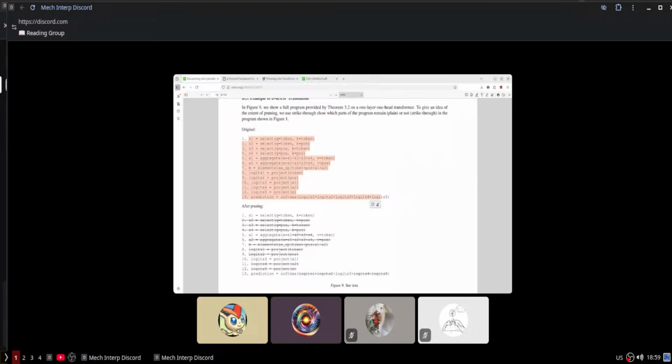Figure 1. Yeah, I still don't understand why. The different programs have different subsets of this whole thing.